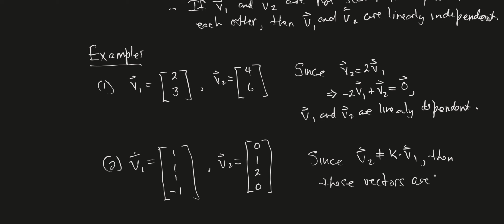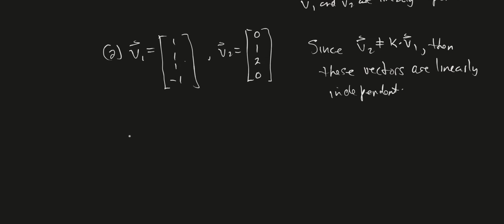So vectors are either scalar multiples, which will make them linearly dependent, or not scalar multiples, which would make them linearly independent, right? So for two vectors, it's fairly straightforward and easy to check.